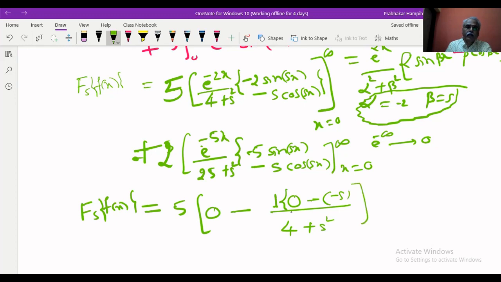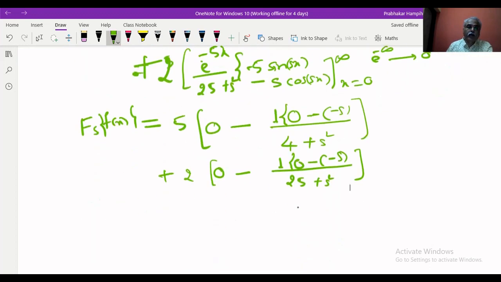Very similar term we will get for 2 times also, plus 2 times, upper limit e raised to minus infinity 0 minus lower limit, 25 plus s square as it is. So you are going to get e raised to 0 is 1, this part becomes 0 since sine 0, minus of this part becomes cos 0 is 1, minus of minus s.